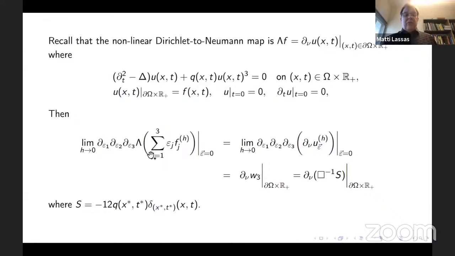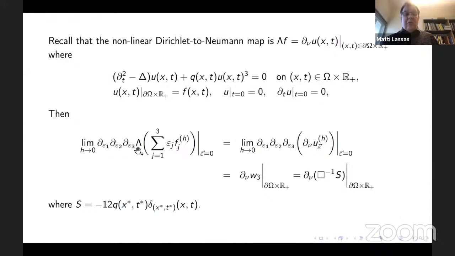We can put inside this Dirichlet-Neumann map our special source, that is linear combination of 3 sources on boundary. Then we differentiate this 3 times. So if lambda is given to us, we can compute what this is. Then we can take also limit when this pulse length h goes to 0.